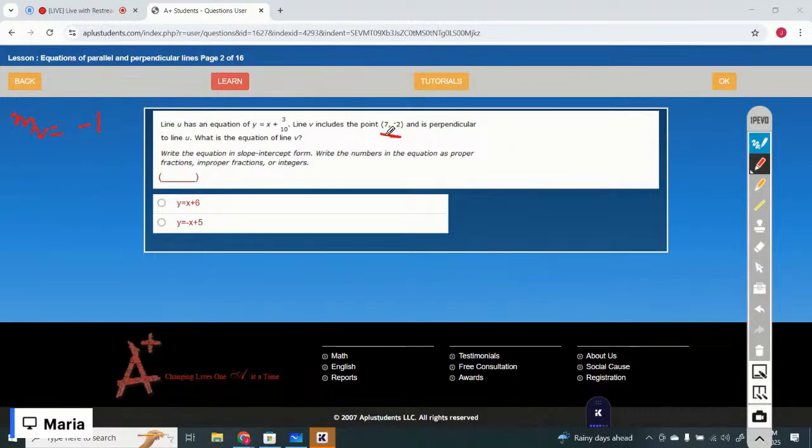Now use this point and calculate b. Y equals -1x plus b. So y is -2 equals -1 times -7 plus b. So b equals -2 minus 7... b equals 5. So the equation is y equals -x plus 5.